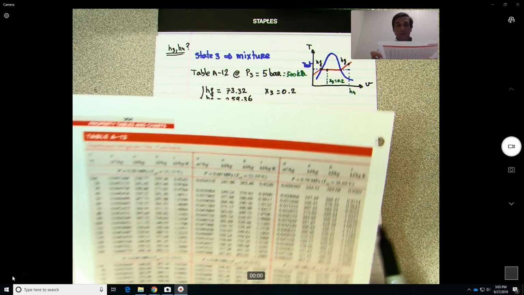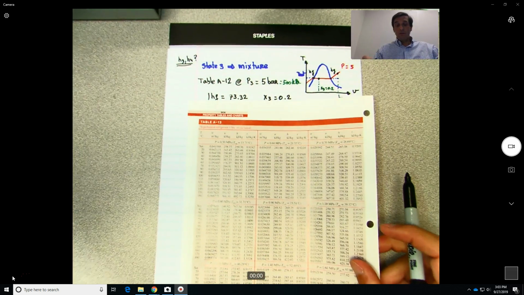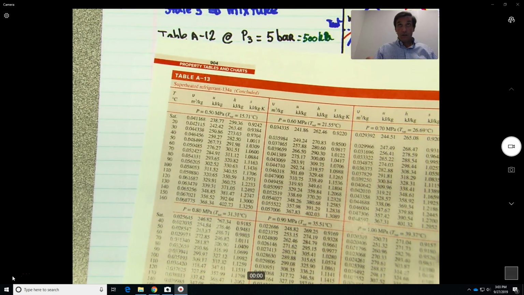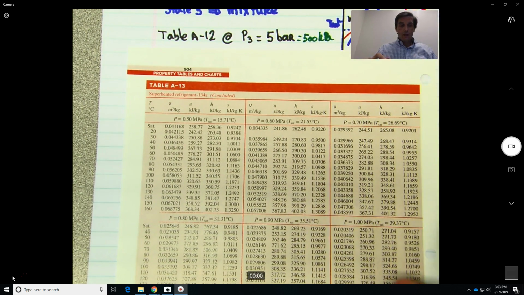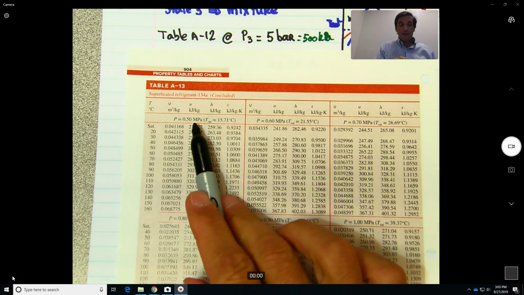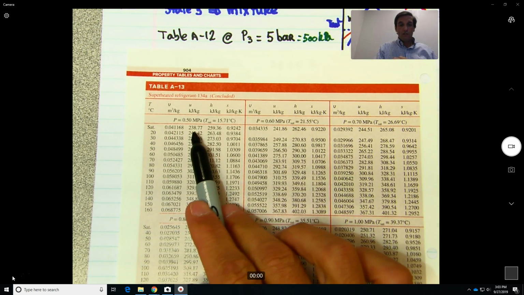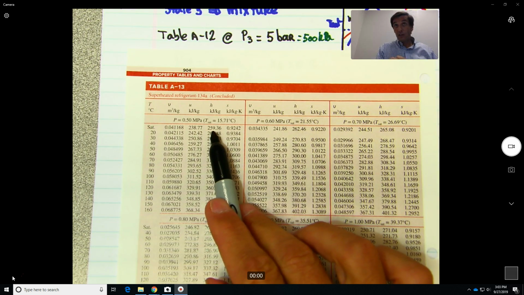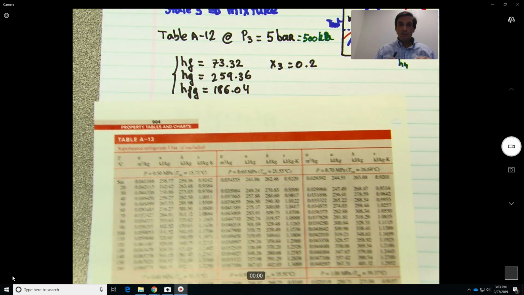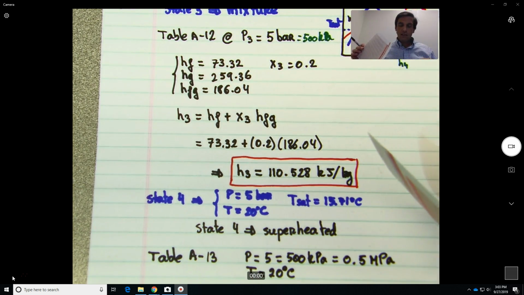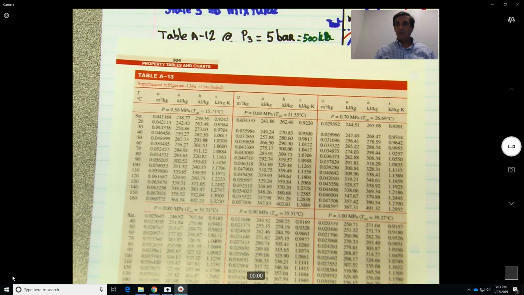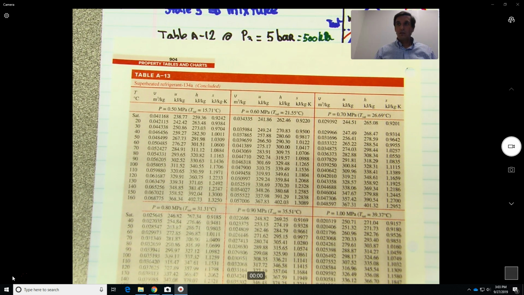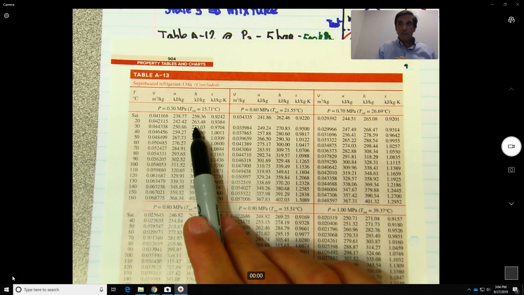Okay, so if we look at the table, we need to look at 0.5 and the temperature of 20. So we'll have that H4 will be equal to, what's the temperature? Let me check again. Is 20 degrees. So H4 will be equal to 263.48.